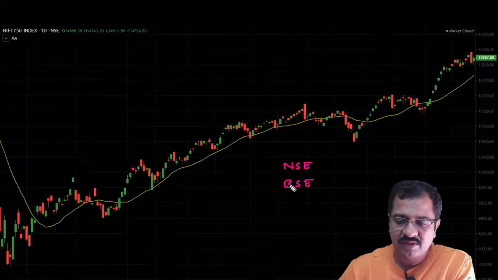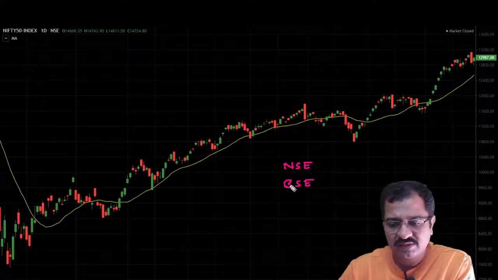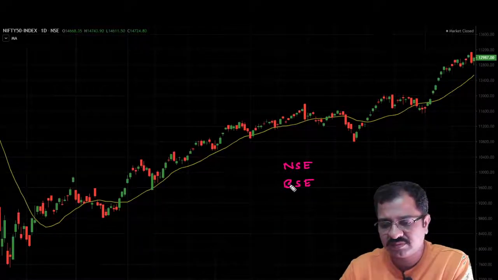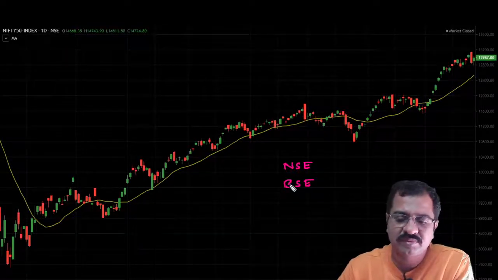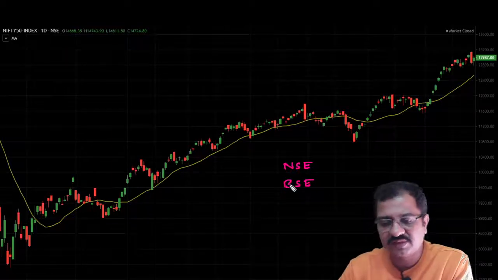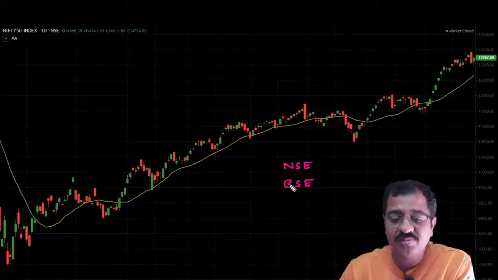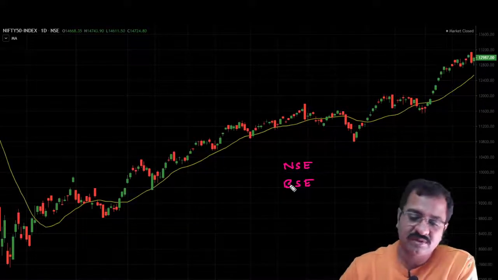You can see in your broker's terminal for the same script in different exchanges how the price differs. It should be significant so that you can benefit.